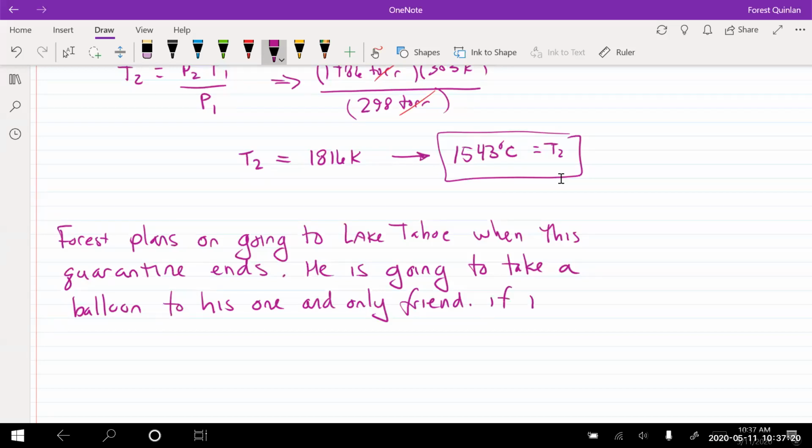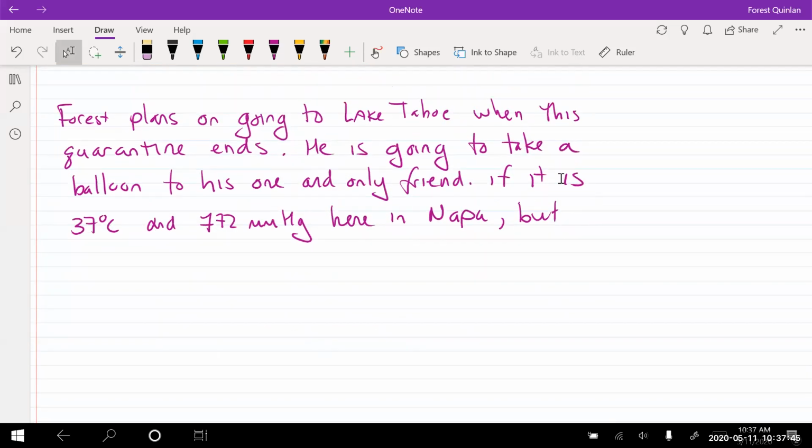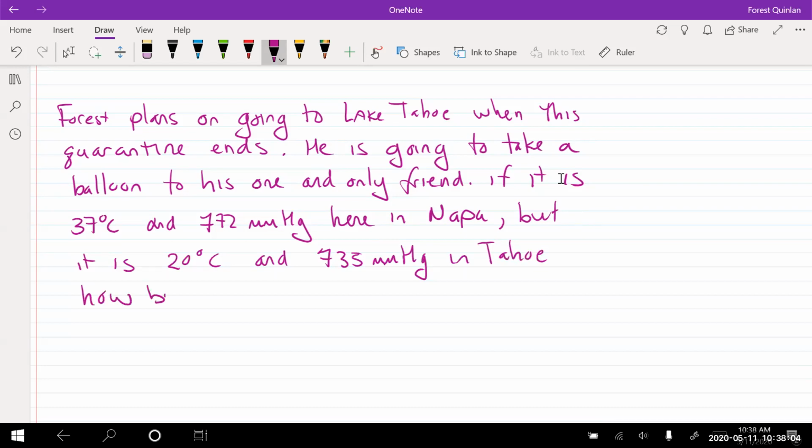If it is 37 degrees Celsius and 772 millimeters of mercury here in Napa, but it is 20 degrees Celsius and 735 millimeters of mercury in Tahoe. How big will the balloon be?